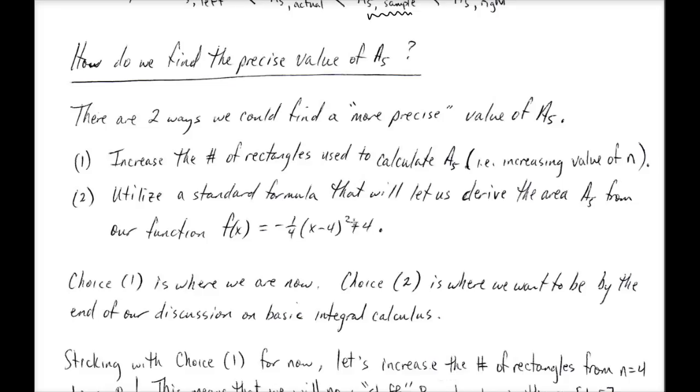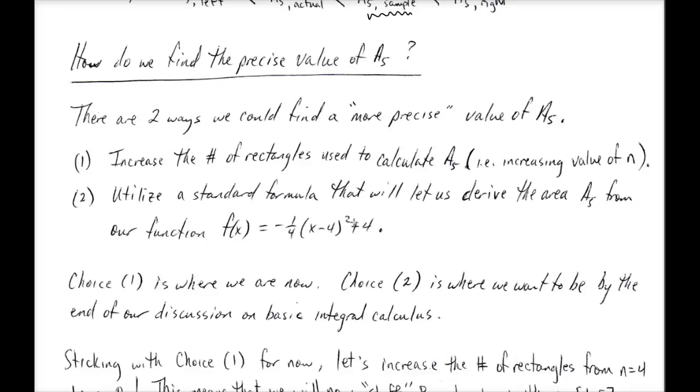One way is to increase the number of rectangles, or as we know, we can also say increase the number of subintervals that we want used to calculate that particular area. And of course, that just means increase the value of n. Number two, utilize a standard formula that will allow us to derive the area a sub 5 from our function f of x.